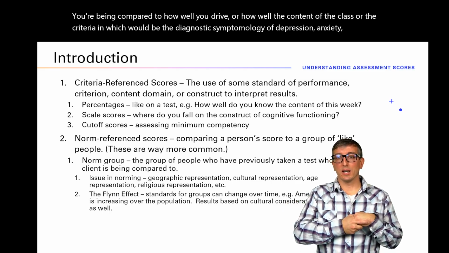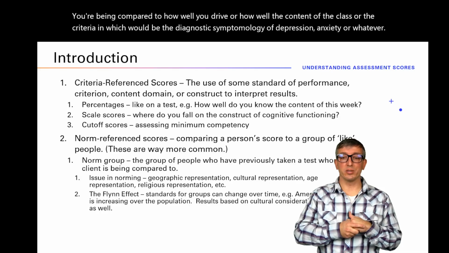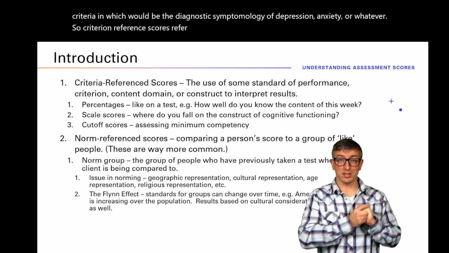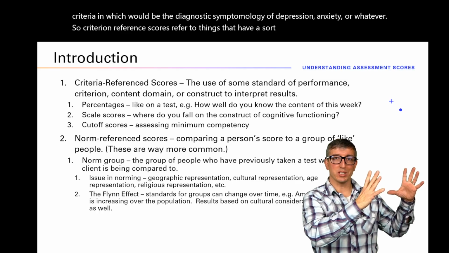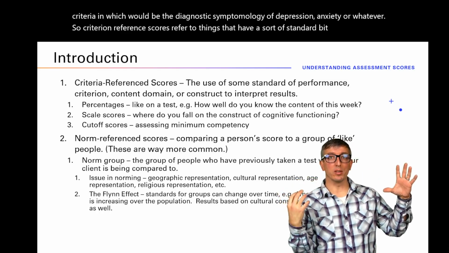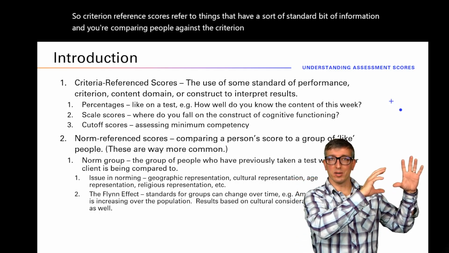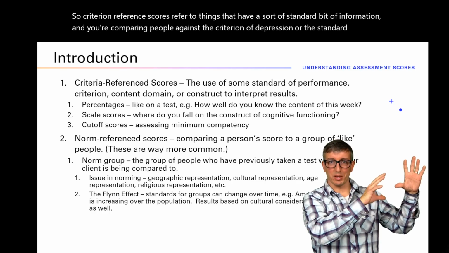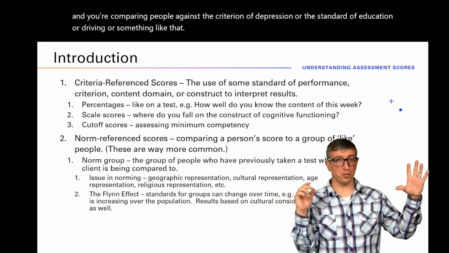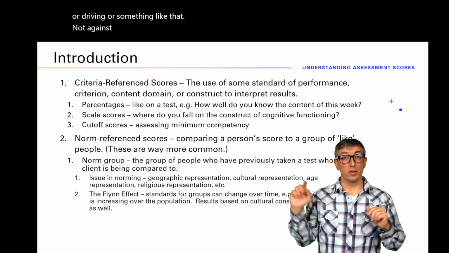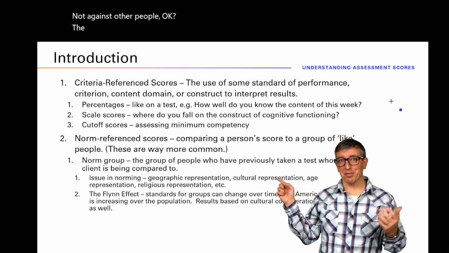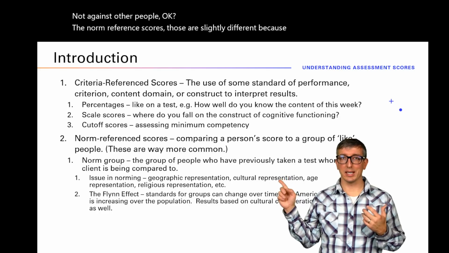So criterion reference scores refer to things that have a standard bit of information, and you're comparing people against the criterion of depression or the standard of education or driving or something like that, not against other people, okay? The norm reference scores are slightly different because you're comparing one person against another person.